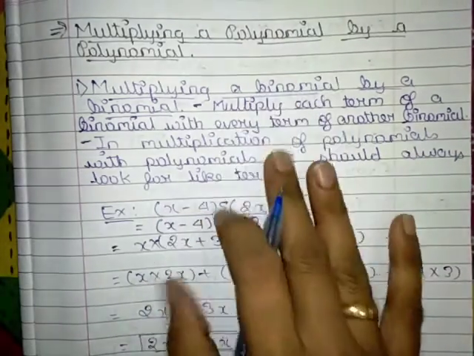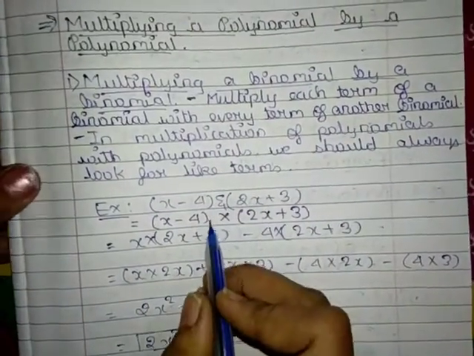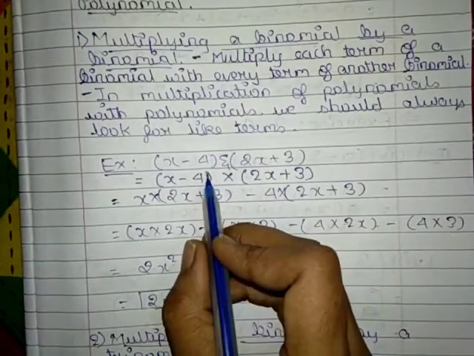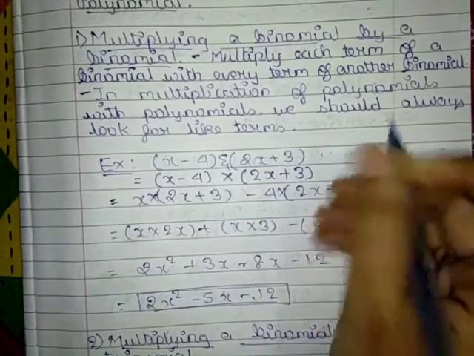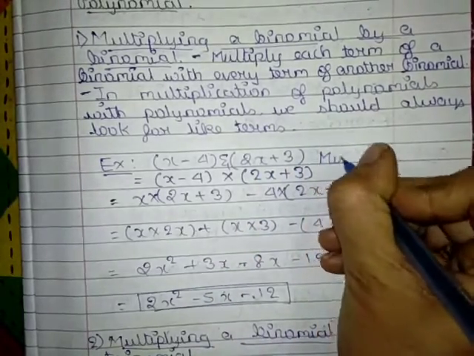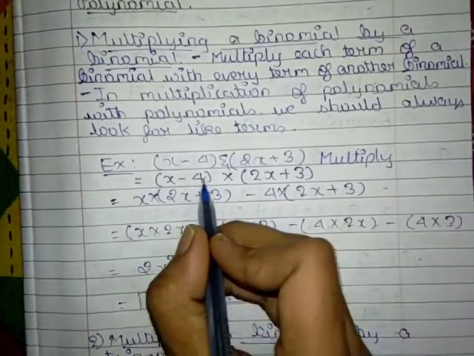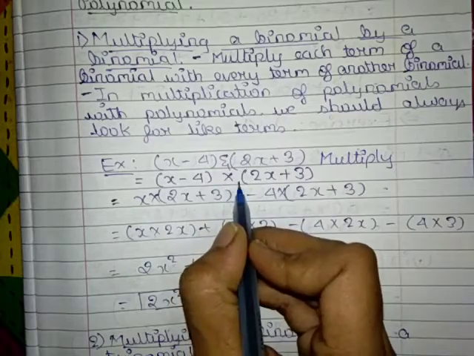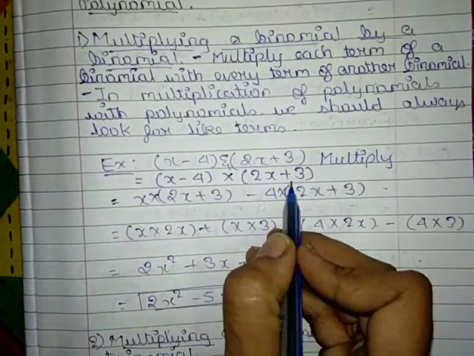So let's take an example of how to multiply a binomial with a binomial. The example here I have taken is x minus 4 and 2x plus 3. This we have to multiply. First we put a multiplication sign between these two binomials, that is x minus 4 multiplied by 2x plus 3.